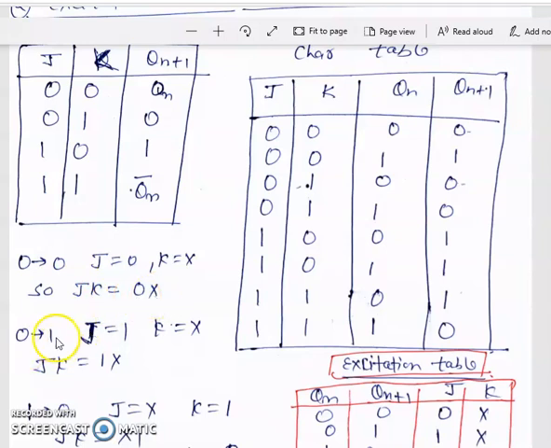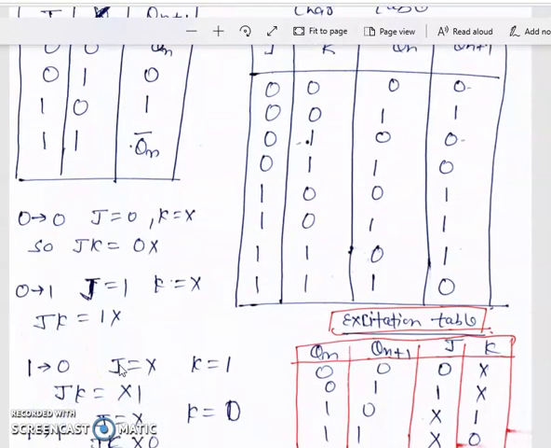Next transition is 0 to 1. For 0 to 1, we see here 0 to 1 is 1 and the next 0 to 1 is also 1. So in this case J is 1 and K is don't care. So write here J is 1 and K is don't care.